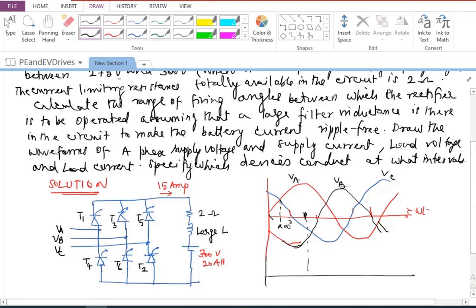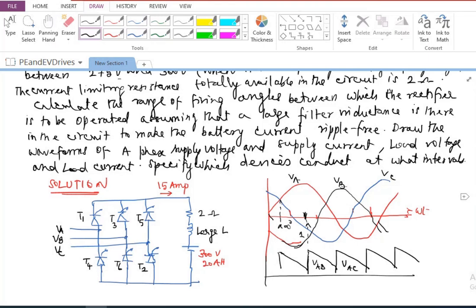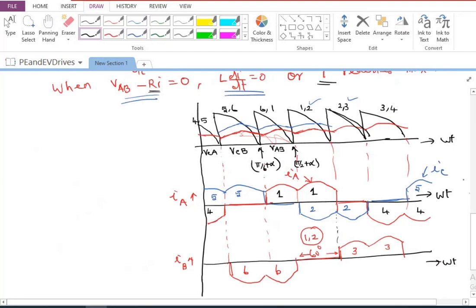Previously what we drew, maybe we will have something like this as the voltage which is coming up at the DC side or load side. So if we are firing 1 here, 6 must be already conducting. So this will be VAB, this will be VAC. Please recall what we drew as the waveform.